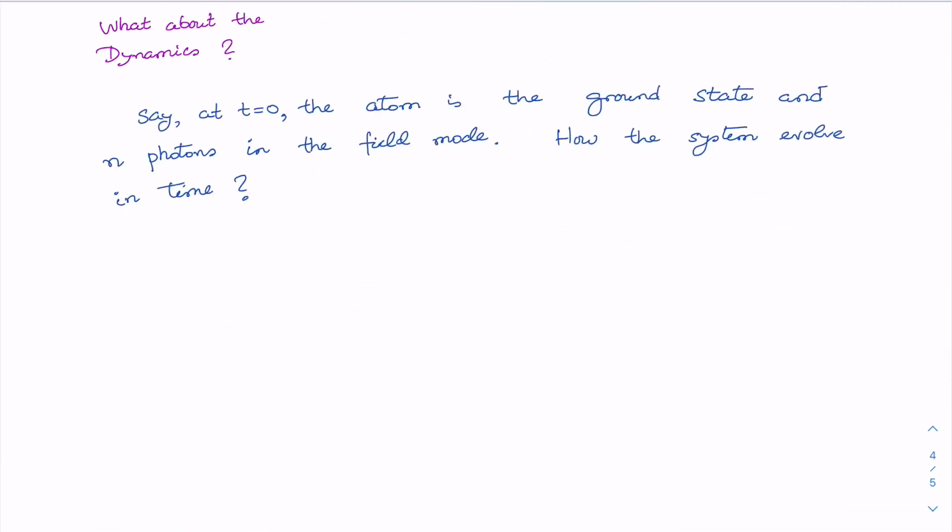Now what about the dynamics? Say at time t equal to 0, the atom is in the ground state and there are n photons in the field mode. Then how will the system evolve in time? Let us say we prepare the initial state of the system with the atom in the ground state and n photons in the field mode.